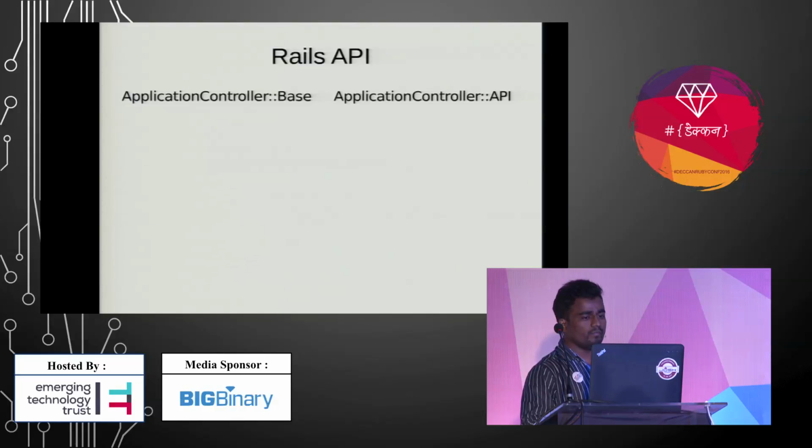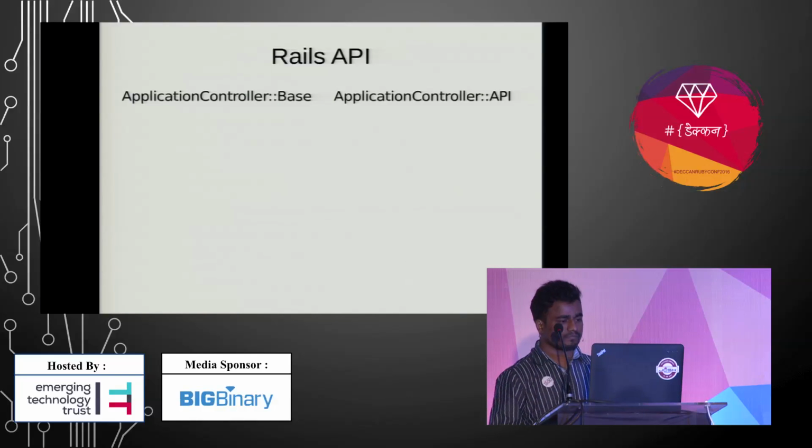So to get more idea about this gem or Rails 5, when you develop your application with Rails, traditionally your application controller gets inherited from the ActionController::Base module, where it has all the middlewares needed for a full stack application.